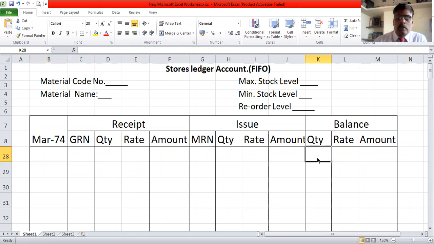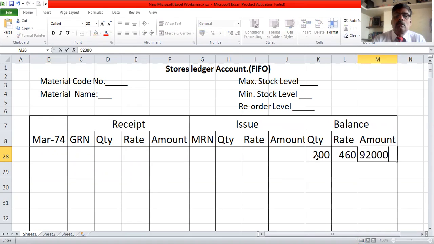Opening stock is 200 tons, rate is 460. Multiply these two, I think it is 92,000. Okay, it is 92,000 or not? You check. 92,000. Date for this is March 1.